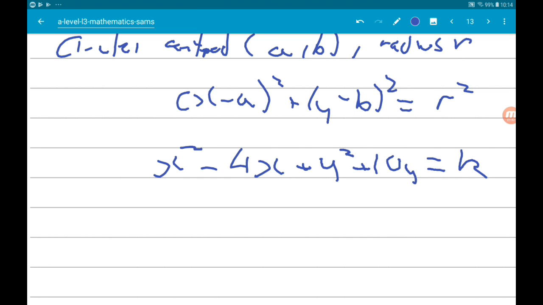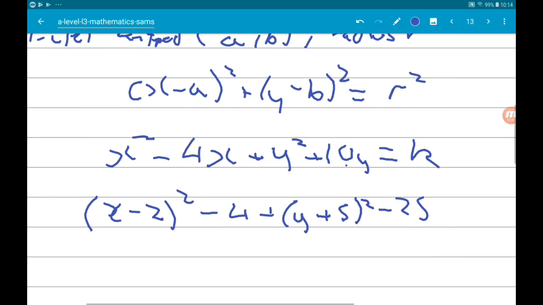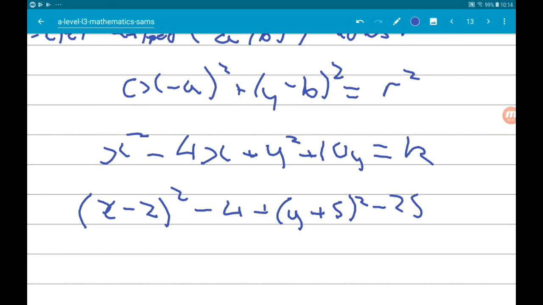So we're going to get x minus 2 squared minus 4 add y add 5 squared minus 25, and that's equal to k.